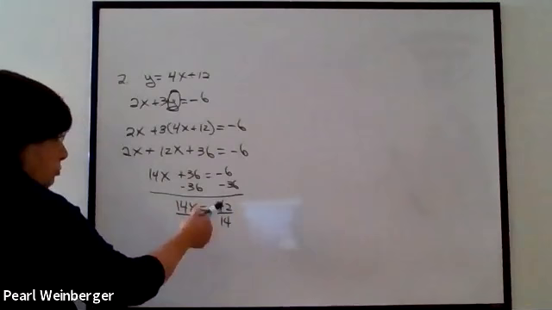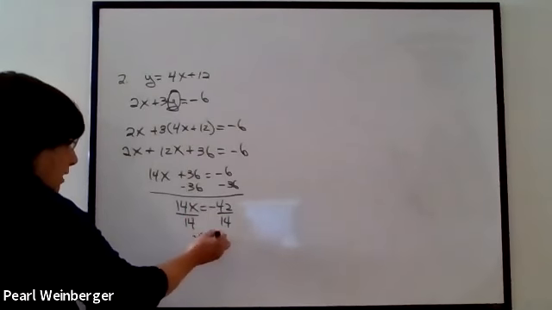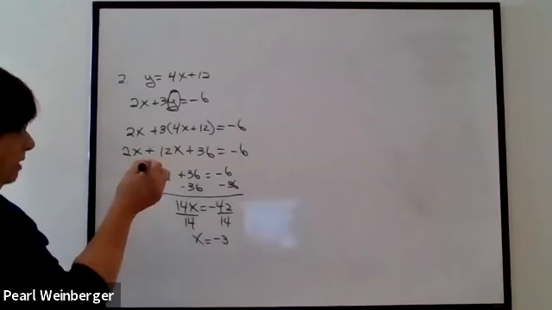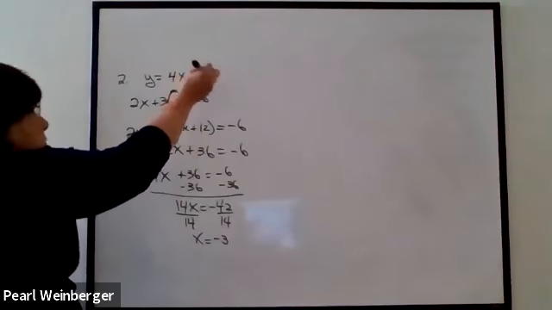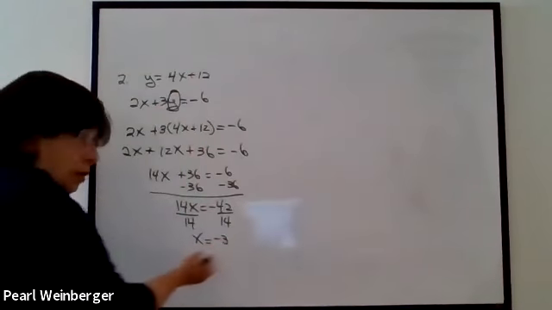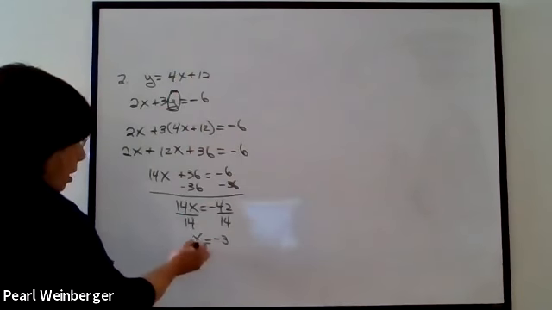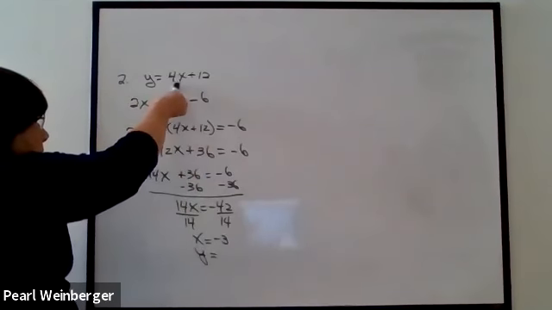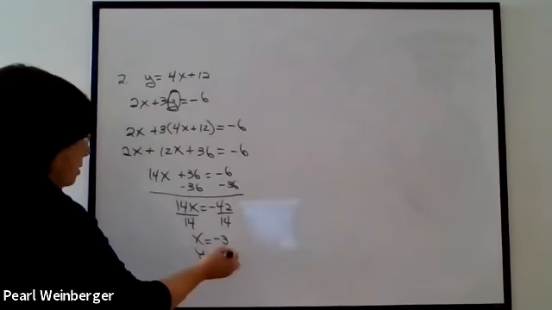And -42 divided by 14 gives you -3. So for x, we get -3, which means for y, we're just going to take our first equation and replace the x with -3.